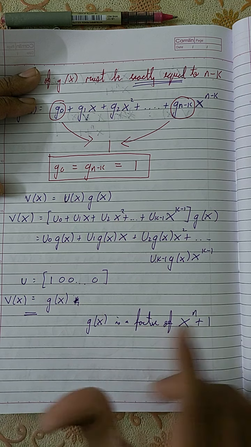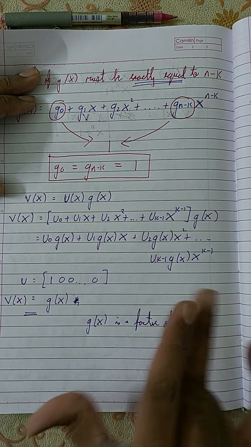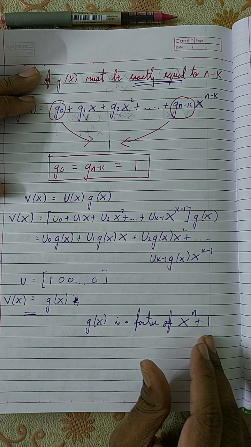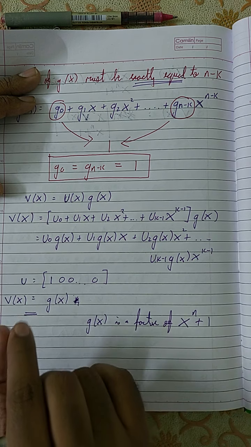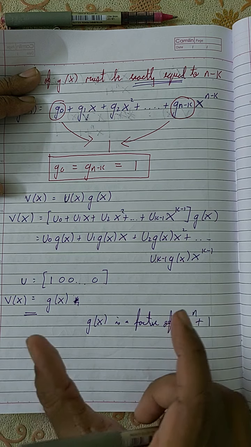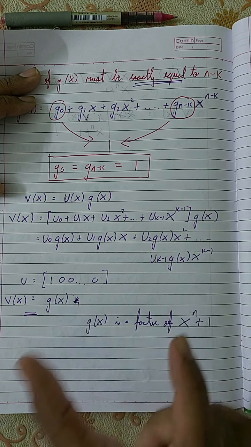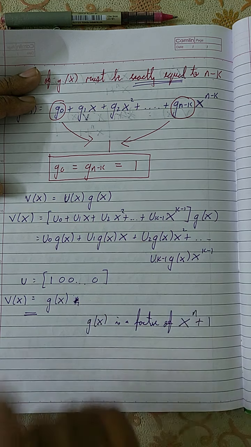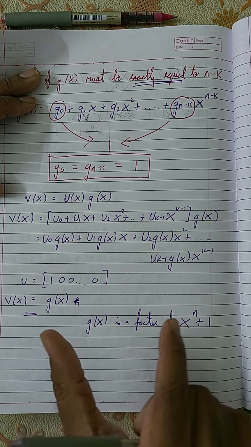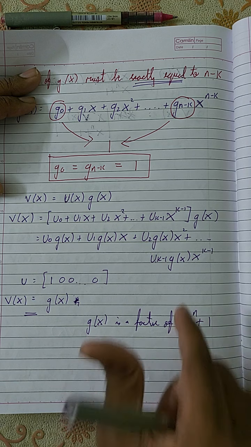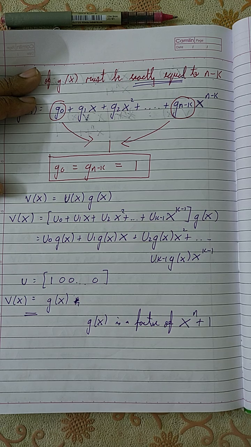In other words, you see how everything is now being unified. So if you want to write the v of x code, you can simply write the value of g of x, because the bits of g of x are also one of the code words. And if you cyclic shift that code word, that is also another valid code word. Again, if you cyclic shift that code word, that is also another valid code word.